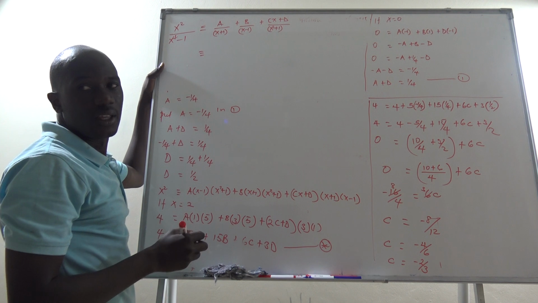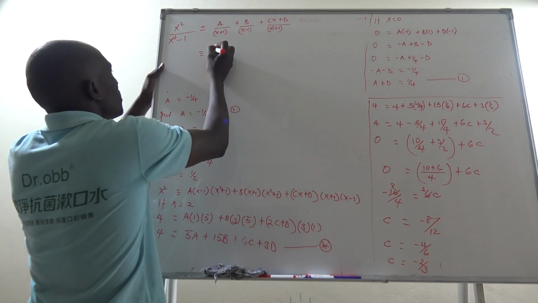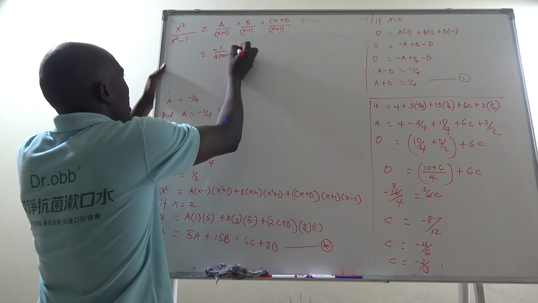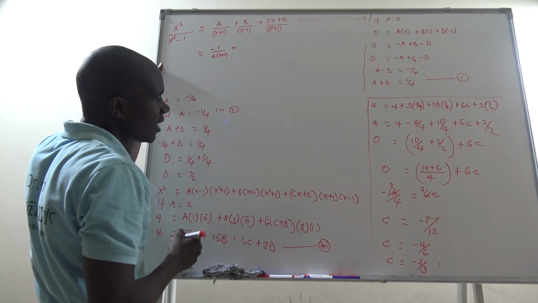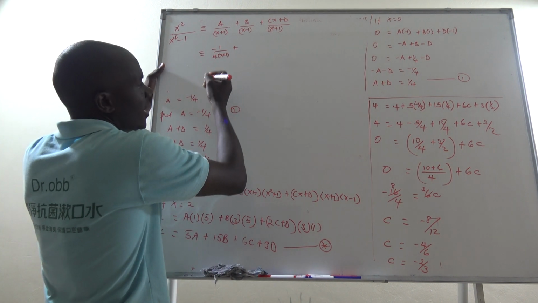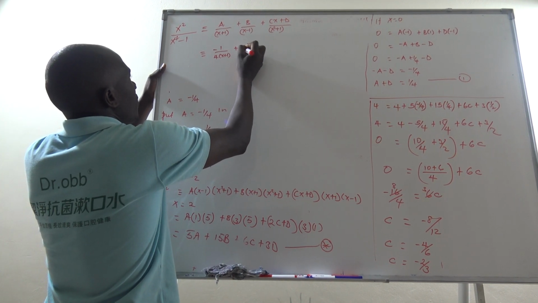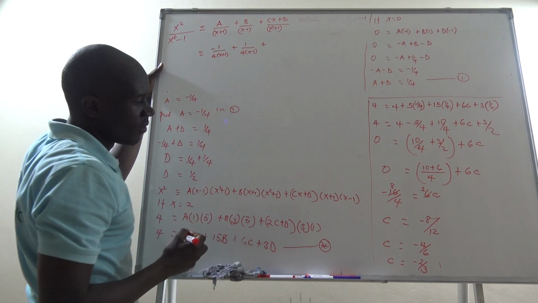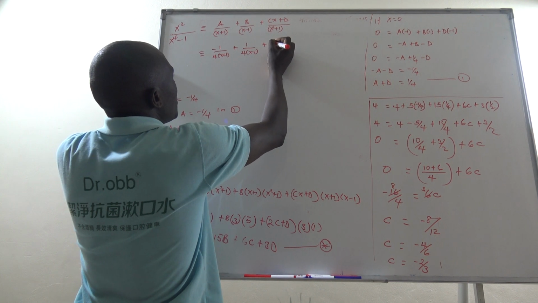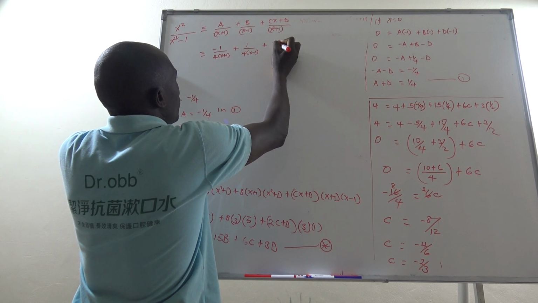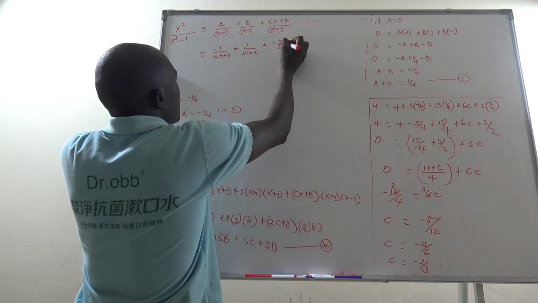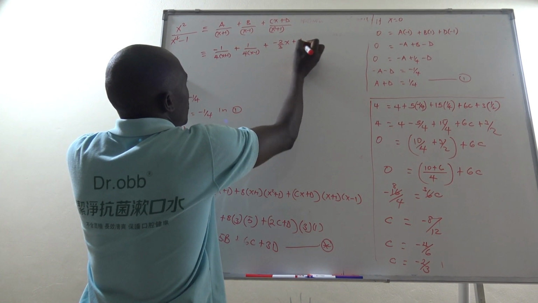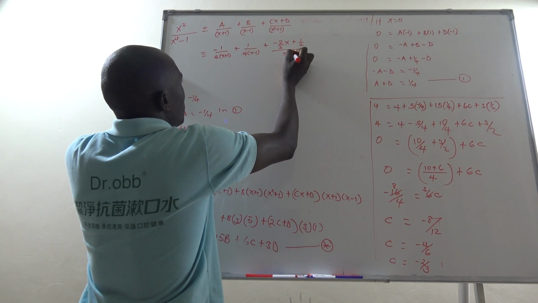The value of a is already negative a quarter. We shall have negative 1 out of 4 into x plus 1 plus the value of b. The value of b is already a quarter. So we are going to have 1 out of 4 into x minus 1 plus, what is the value of c? The value of c is already negative 2 out of 3 x plus the value of d is already a half all over x squared plus 1.